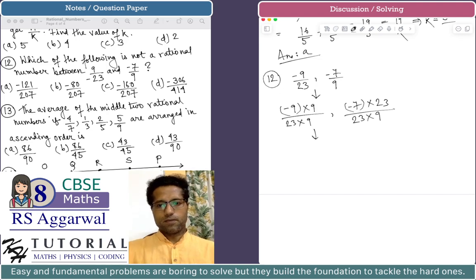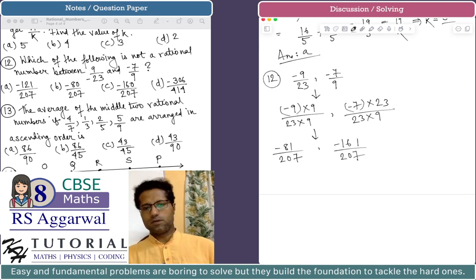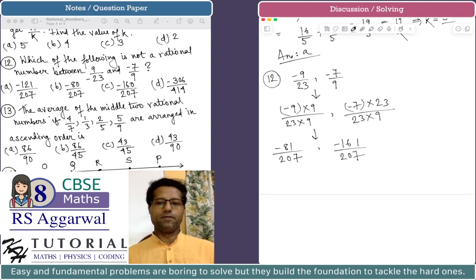So this is minus 81 by 207, and this is minus 161 by 207. So these are the two numbers, and we have to find the choice, the number which is not lying between these two.